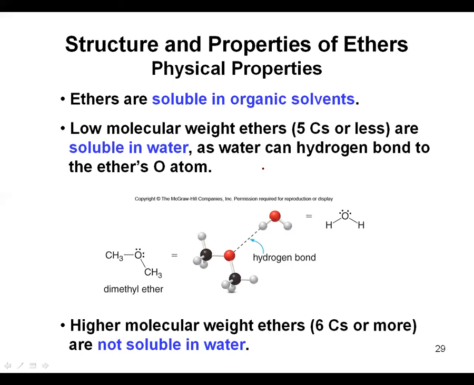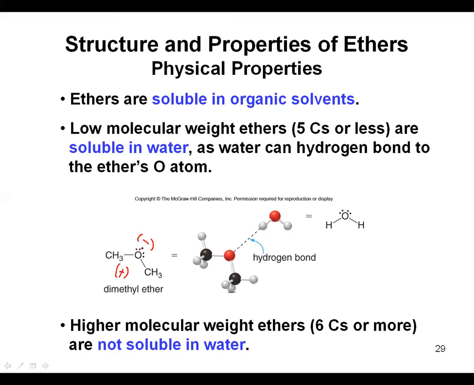Now, when we have something like an ether over here, even though it technically does not have the ability to hydrogen bond with itself, because it's polar, the oxygen side is more negative, this side is more positive.